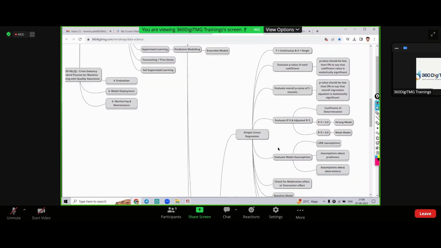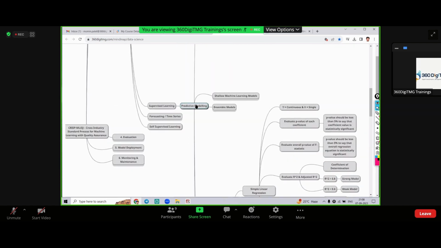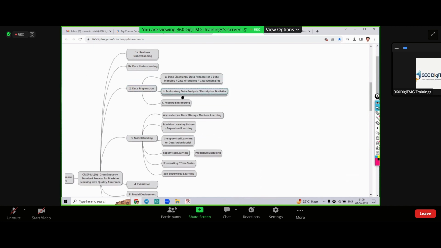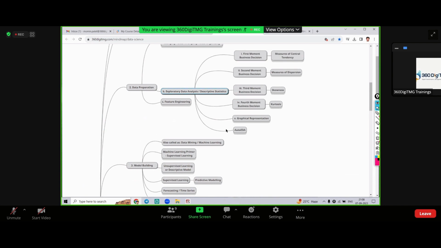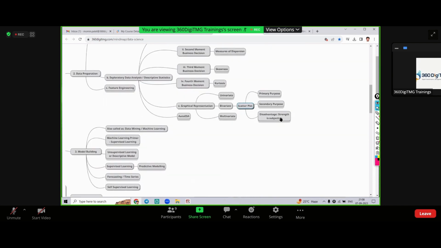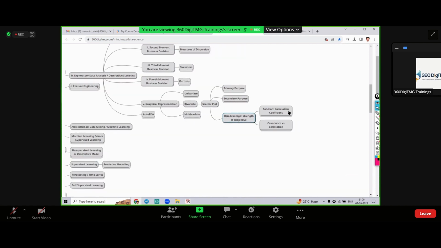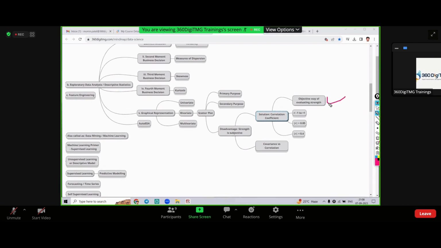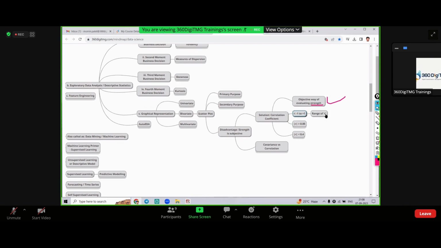I think it will be in scatter plot. In your data preparation, graphical representation, bivariate scatter plot, strength, correlation coefficient. Yes. So correlation coefficient will evaluate the strength, how good the relation is between these. The range is from -1 to +1, range of small r.